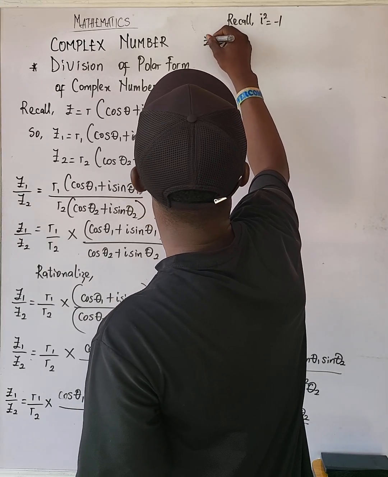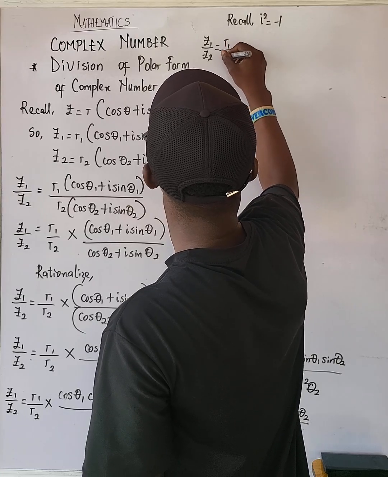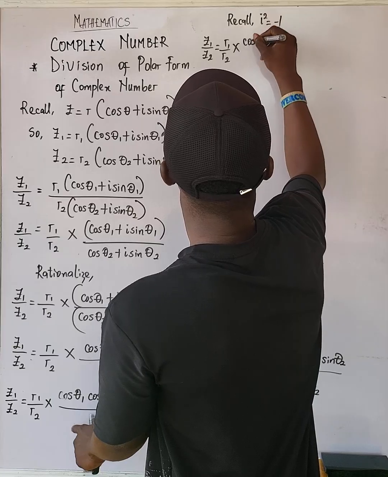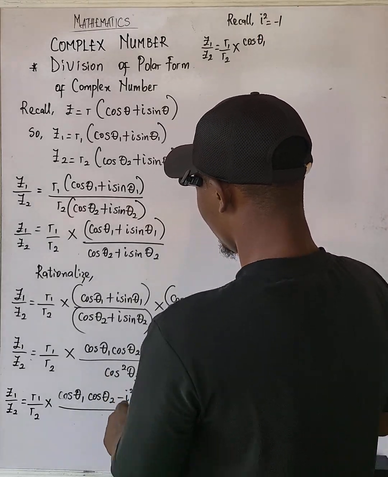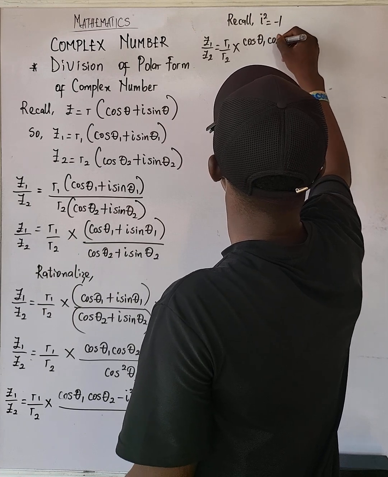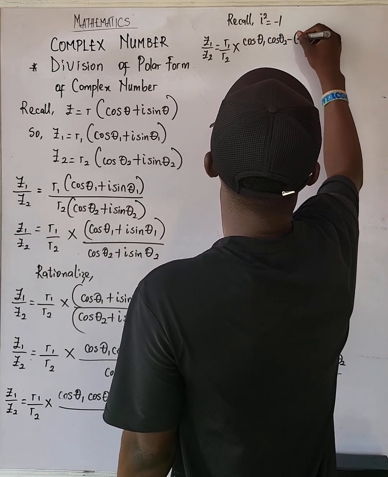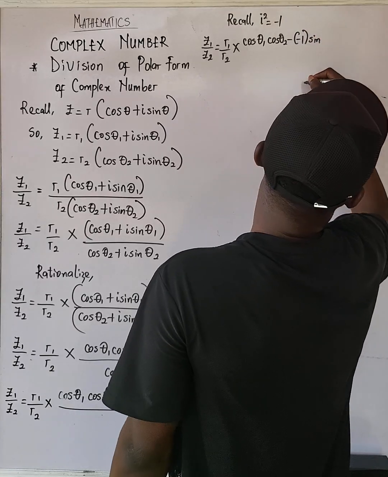We're going to have Z1 over Z2 equals R1 over R2 multiplied by cos theta 1 cos theta 2 minus, and this i square is now minus 1, sin theta 1.